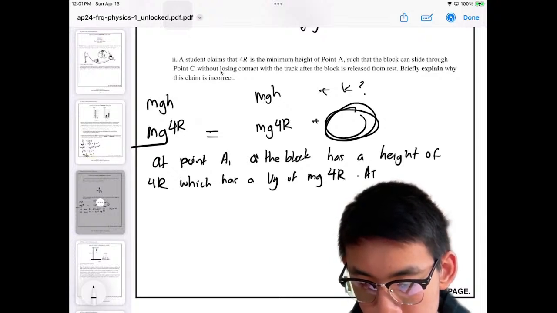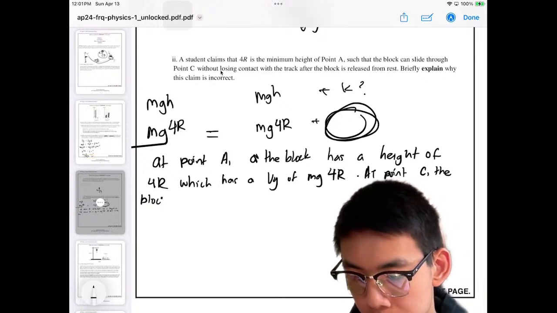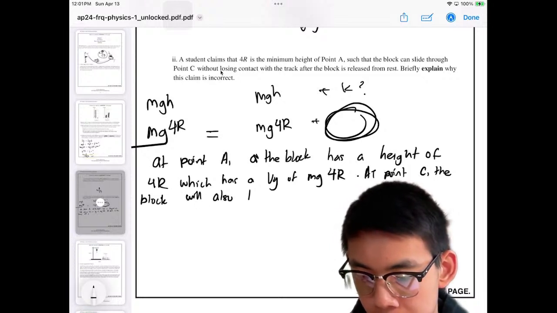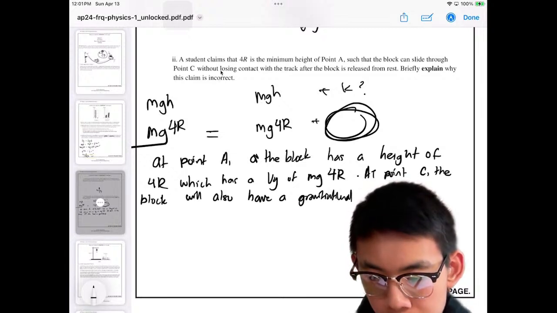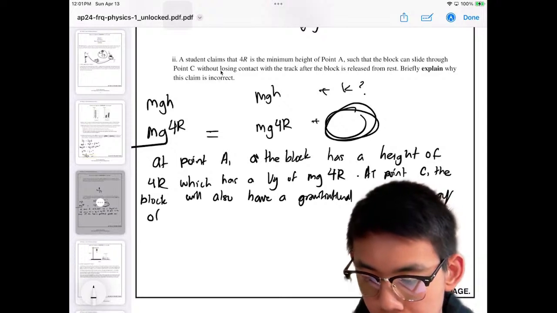At point C, the block will also have a gravitational potential energy of mg4r.